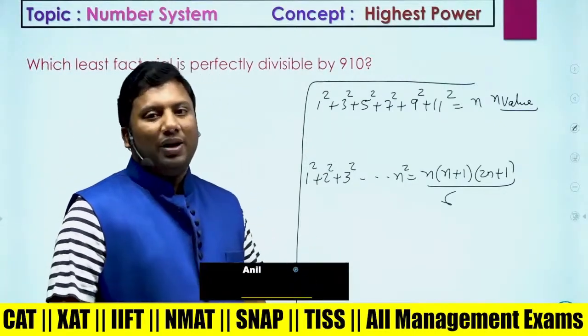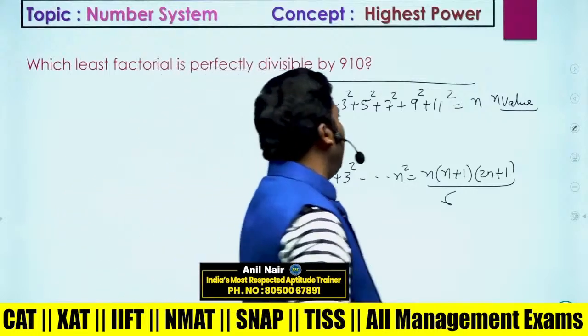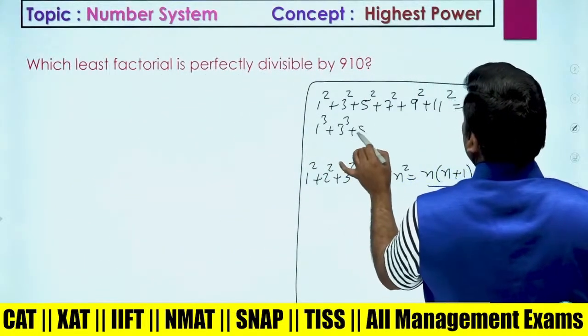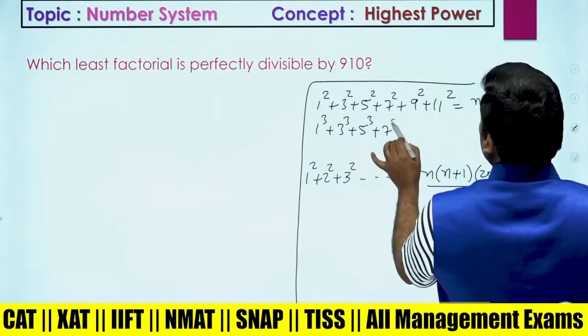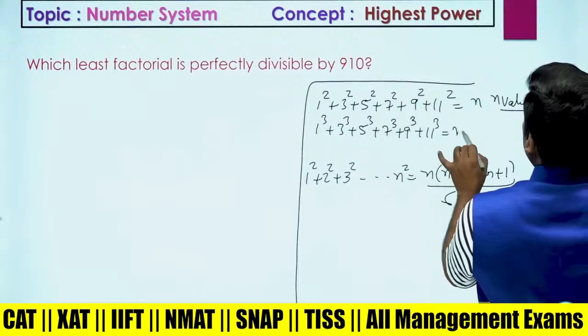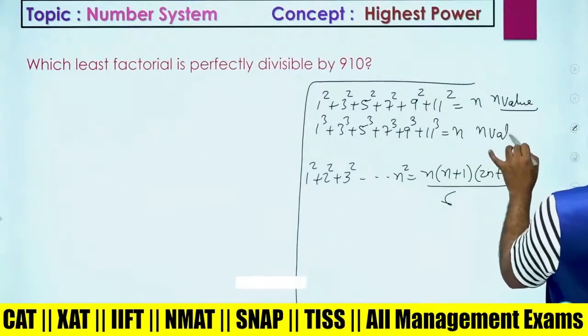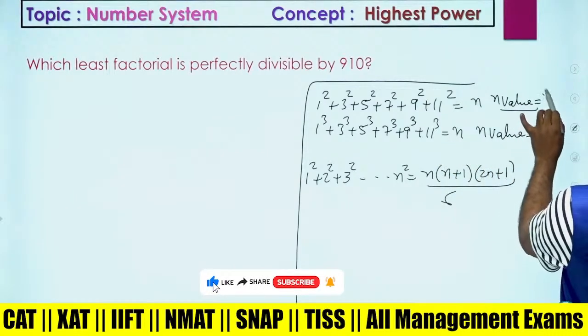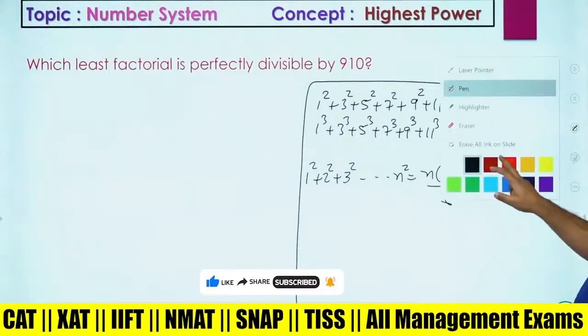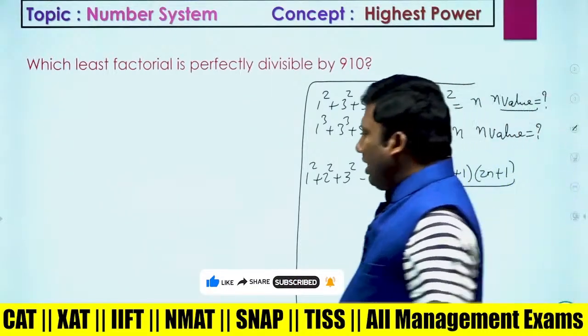Without using formulae, is there any logic that we can use? Similarly, 1 cube plus 3 cube plus 5 cube plus 7 cube plus 9 cube plus 11 cube. How do we find the value of n if answer options are present? Now the best way to solve this problem is, listen carefully, sir.